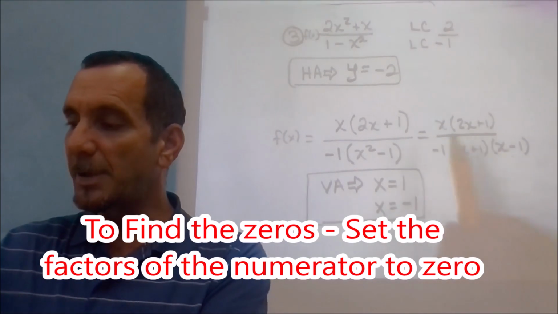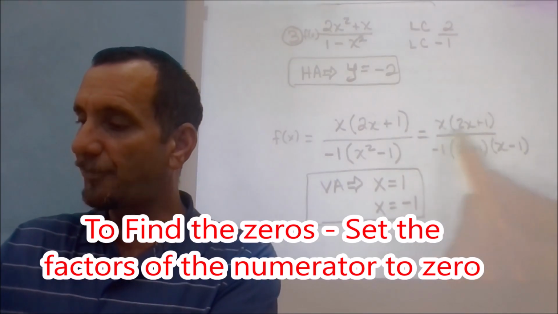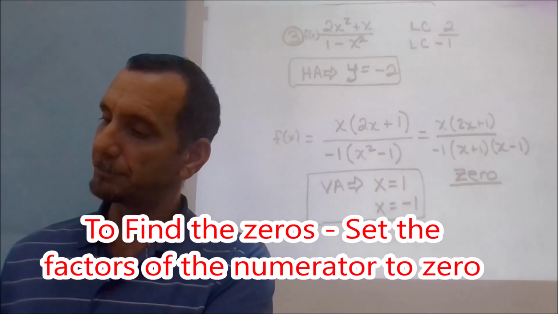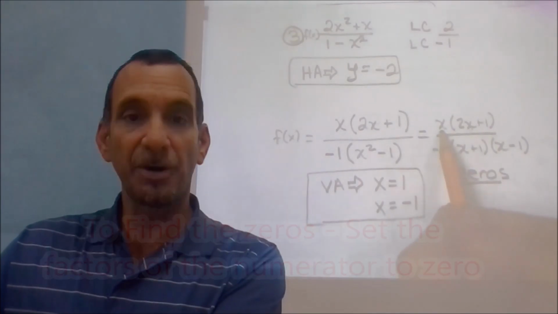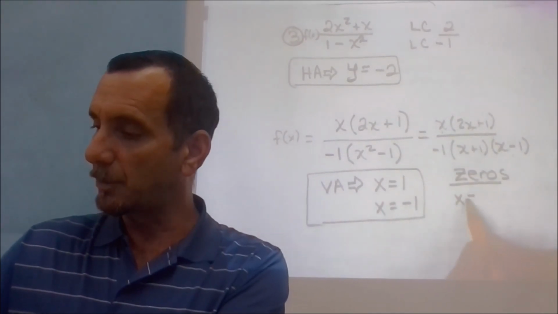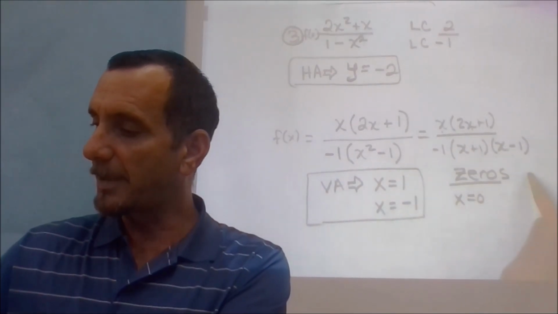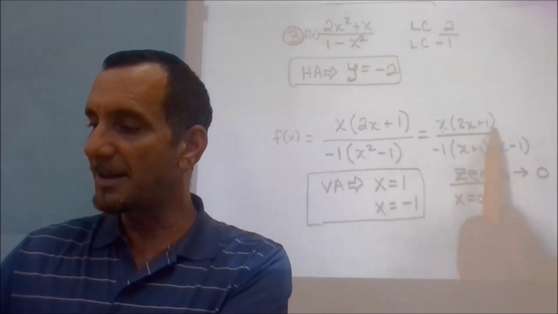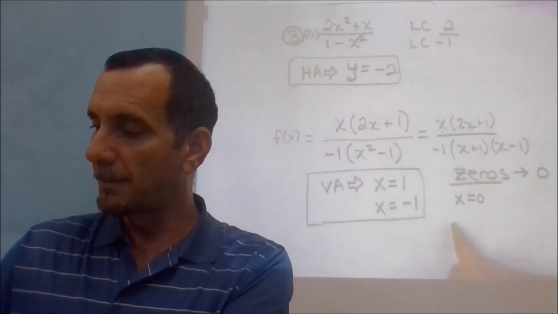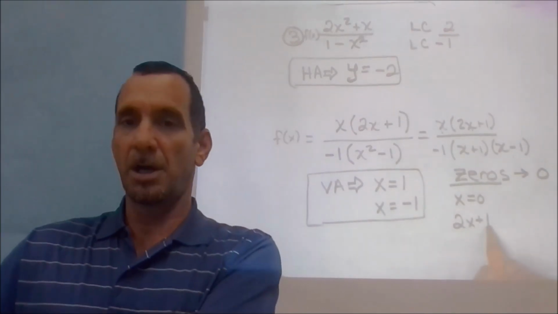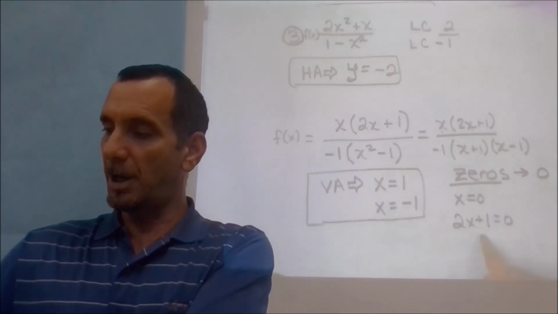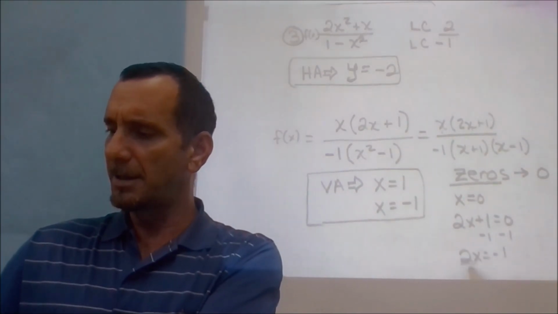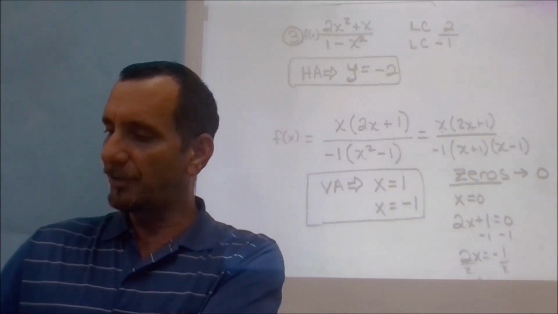And then we'll do the zeros. We have to set each factor to 0 in the numerator. So I'm going to do the first factor, which is x equals 0. And so one of my zeros is 0. And then I'm going to set this factor to 0. 2x plus 1 equals 0. 2x equals negative 1. x equals negative 1/2.